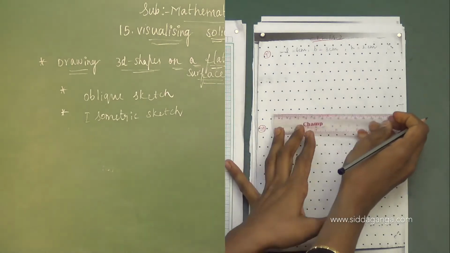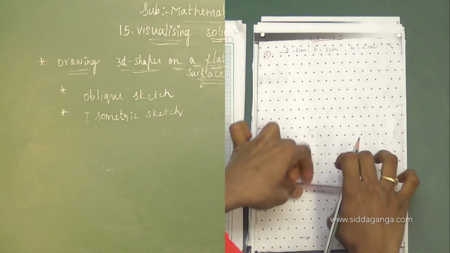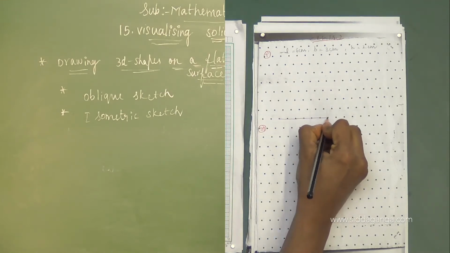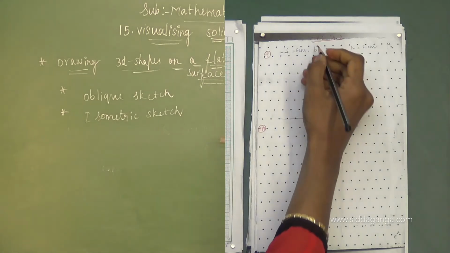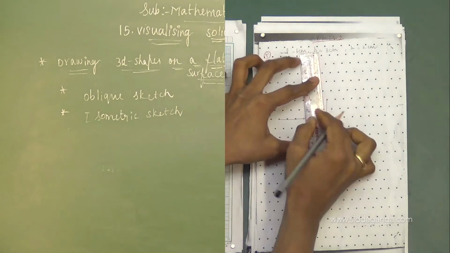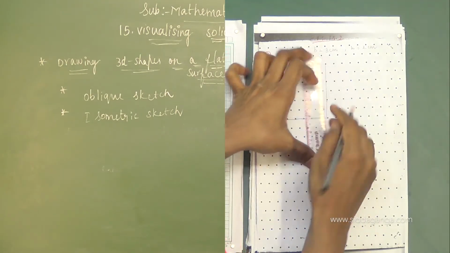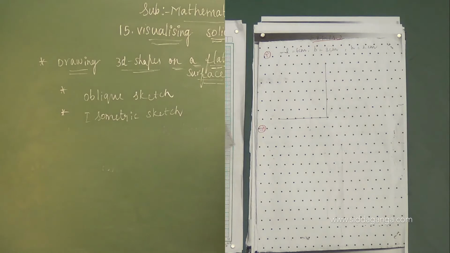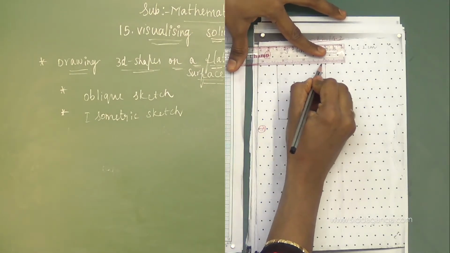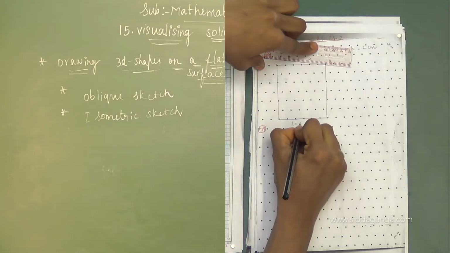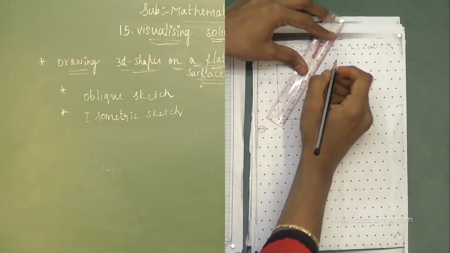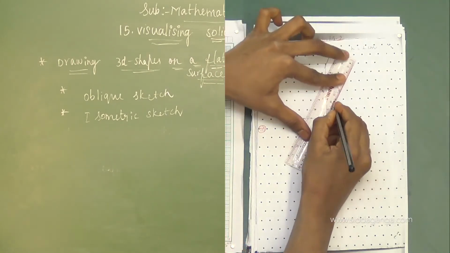We first write that down. We have to join 6 units: 1, 2, 3, 4, 5, 6. Correct. After that, breadth 3 centimeters: 1, 2, 3. Correct. Here I form one rectangle, length equals 6, breadth equals 3 units. And then height. What is the height? 2 units.